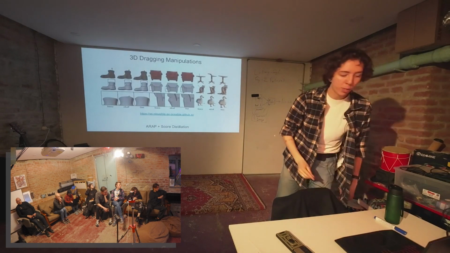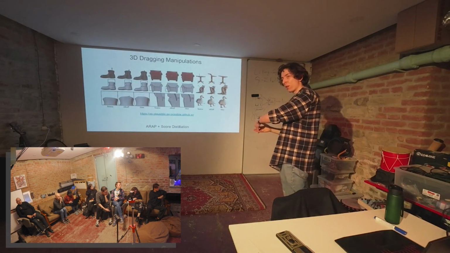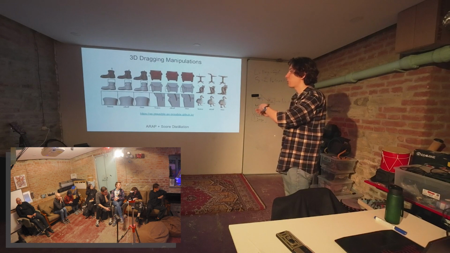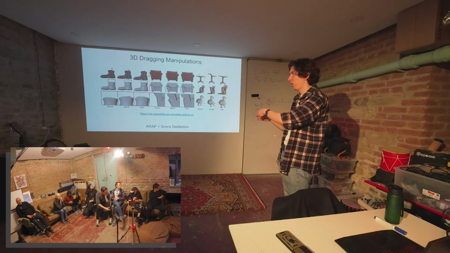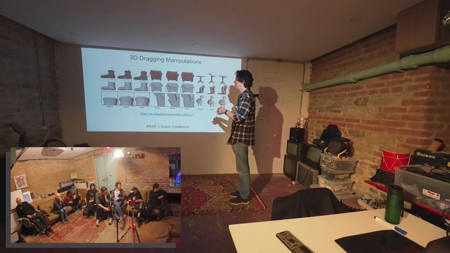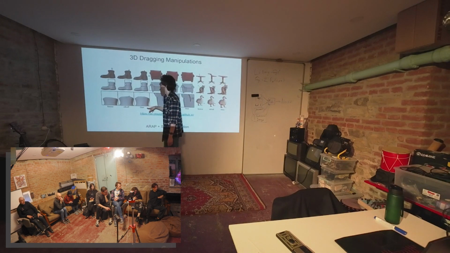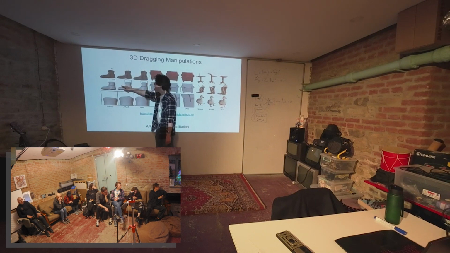But you can use this together with diffusion models to not only get natural-looking deformations, but also make them make more sense in the context of being realistic. For example, this paper has a boot. We can use ARAP, where instead of dragging just one vertex, it drags this section with the vertex.